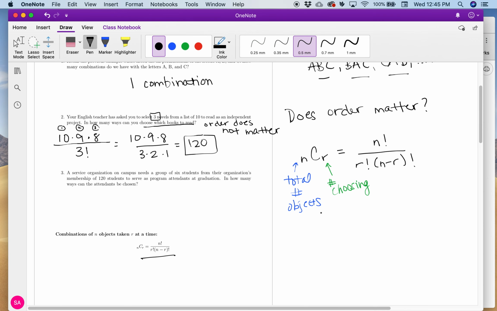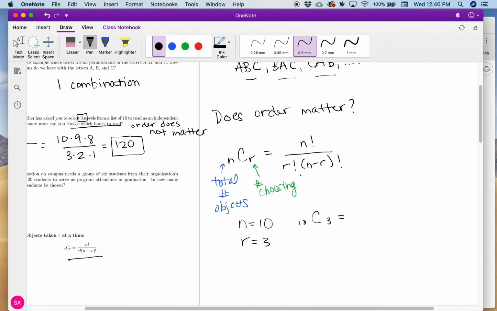Let's apply it. Our n was equal to 10, and our r was 3. We were choosing 3 of those books out of all 10. Using the formula, we get 10C3, which we usually read as 10 choose 3. We're choosing 3 out of the 10. We'll have 10 factorial all over r factorial, which was 3, times n minus r factorial, so 10 minus 3 factorial.